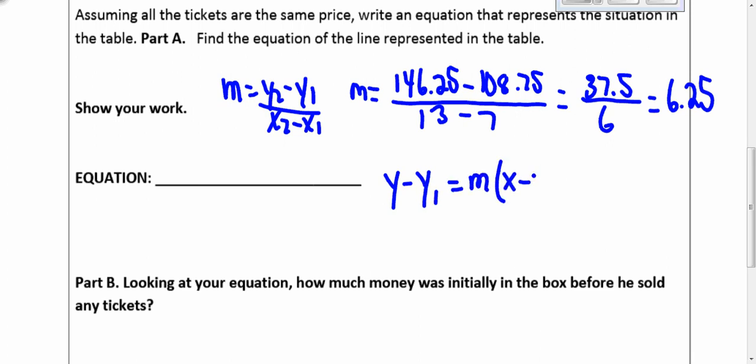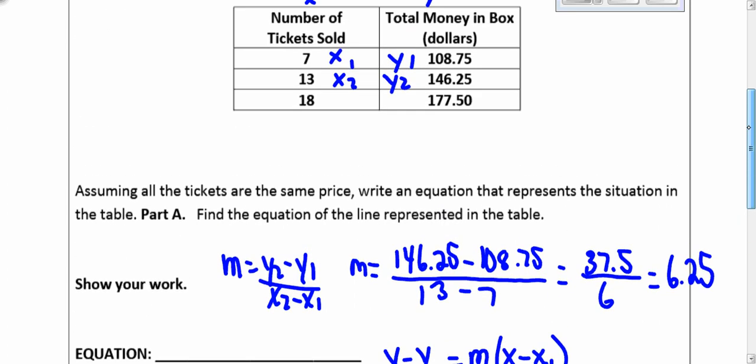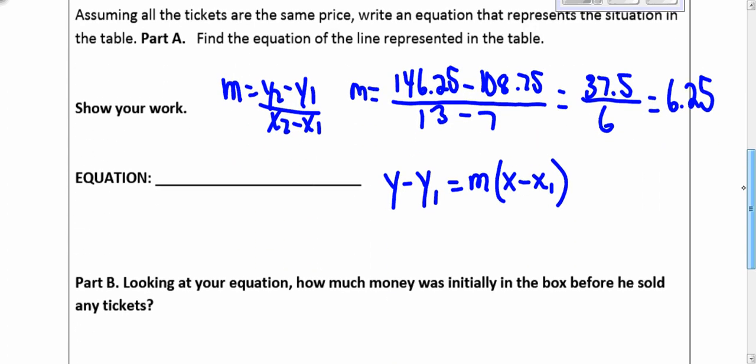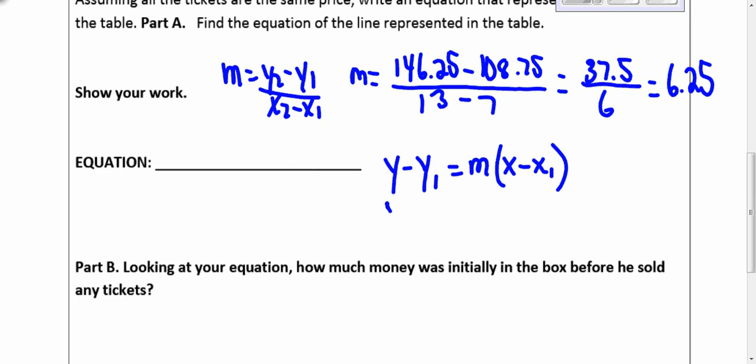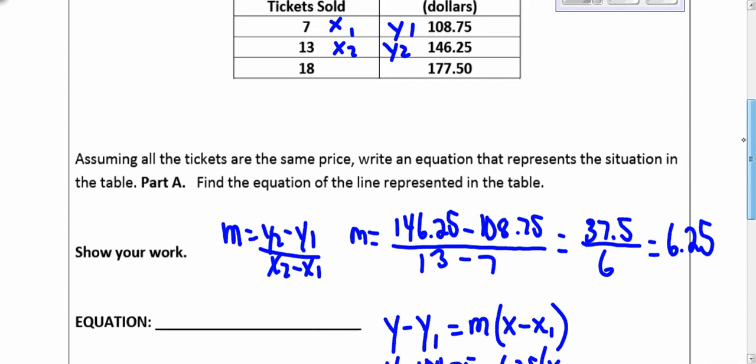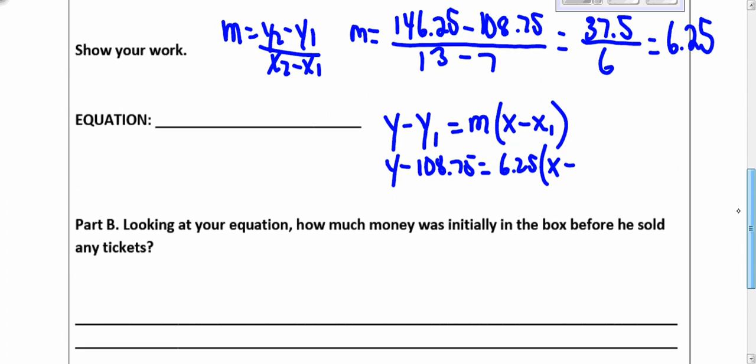This is the point slope formula: y minus y1 equals m times x minus x1. Looking back at the table, I already labeled y1 as 108.75, so I'm going to use that. Y minus 108.75. My m that I figured out was 6.25. And the x1 I'm going to look up as 7.